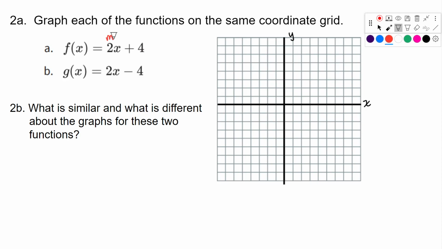So slope of 2, y-intercept of +4, 1, 2, 3, 4, and from there it's up 2, right 1, or I can go the other direction, down 2, left 1. And graph a line through those points.